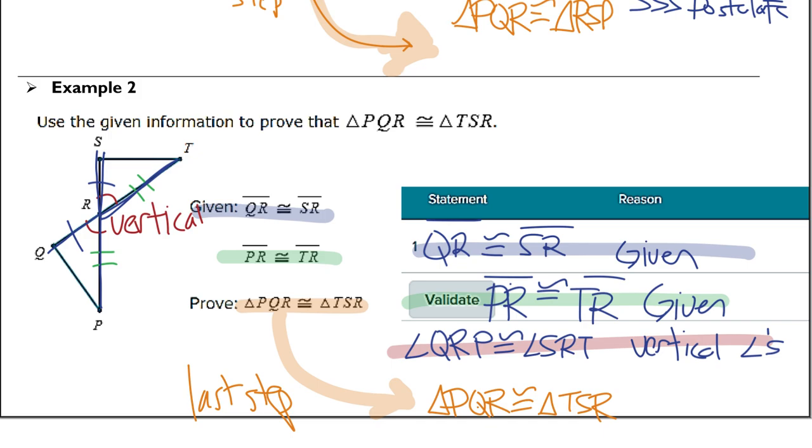Now we have a side, an angle, and a side, which is my side, angle, side postulate as my justification, or my reason. So the reason why this triangle is congruent to the other one is because of side, angle, side postulate.